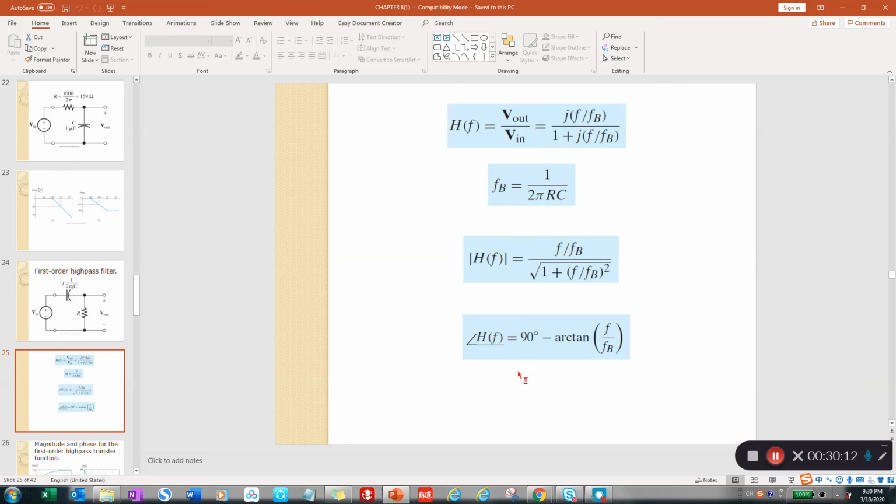And for the phase angle, the low-pass filter just has this part, negative arctangent f over fb. For the high-pass filter, you have a 90 degree. So the high-pass filter, in fact, is 90 degrees plus the low-pass filter's phase angle.